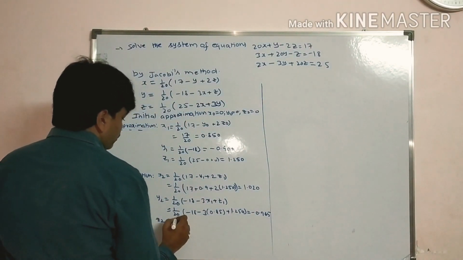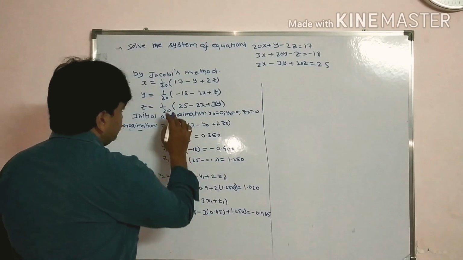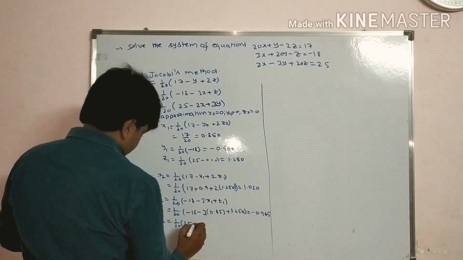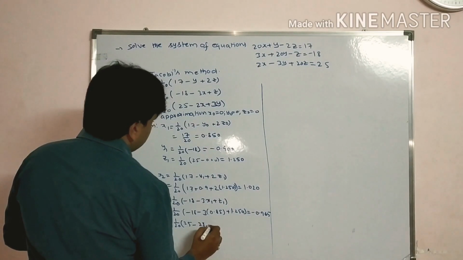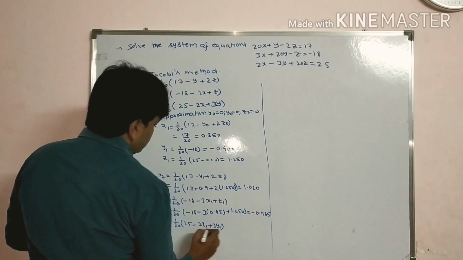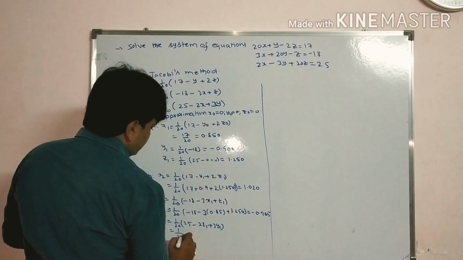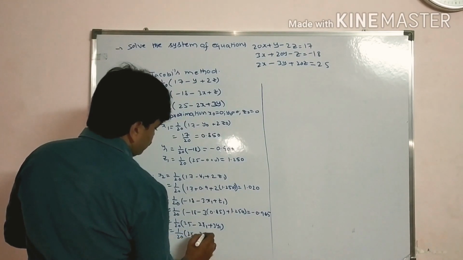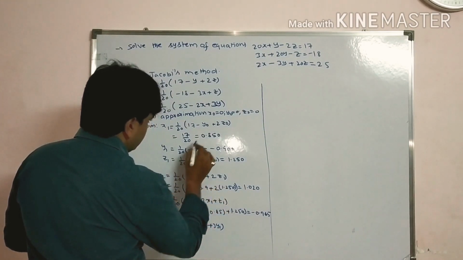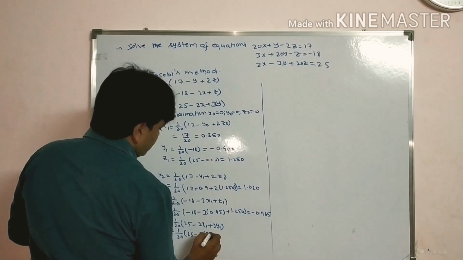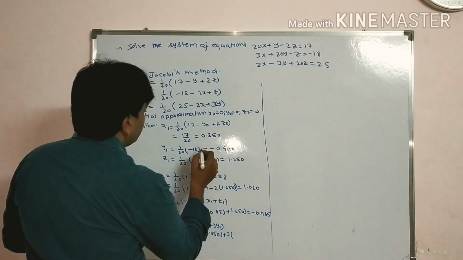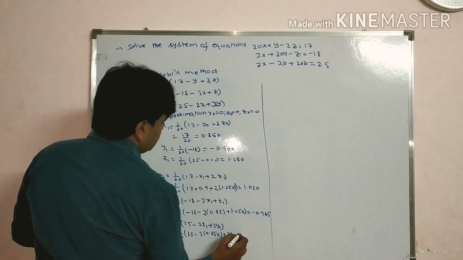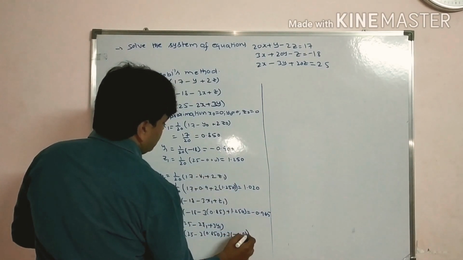Now the z2 value, students. z2 is equal to 1 by 20 bracket 25 minus 2x1 plus 3y1. So that is equal to 1 by 20 bracket 25 minus 2 into the x1 value, 0.85, plus 3 into y1, minus 0.9, bracket close.